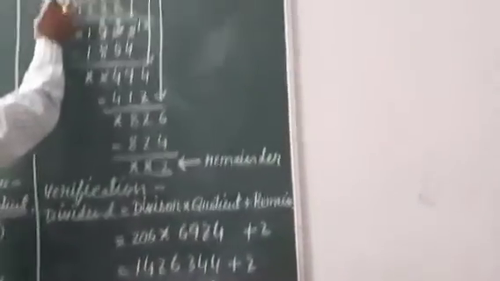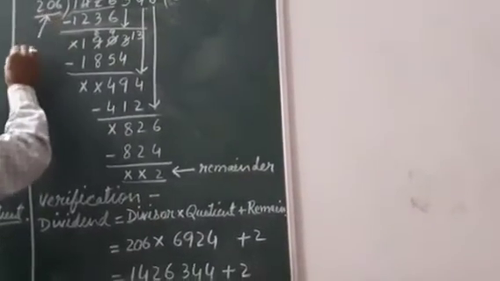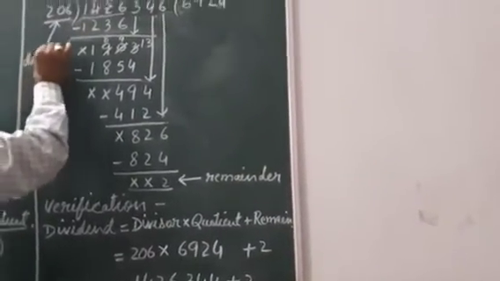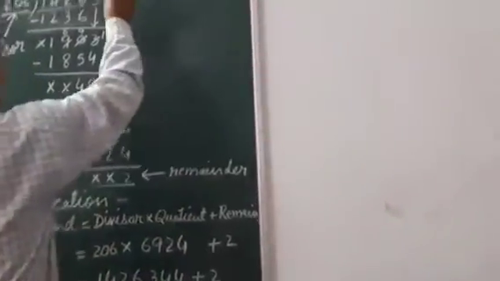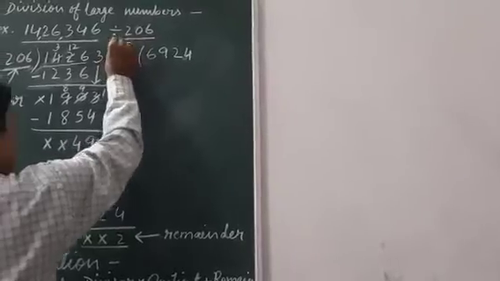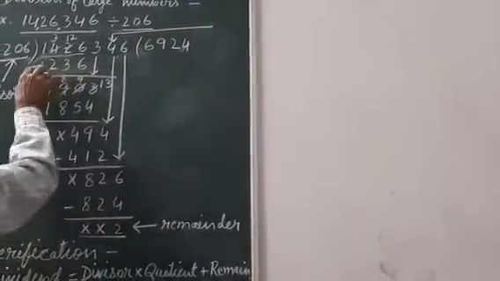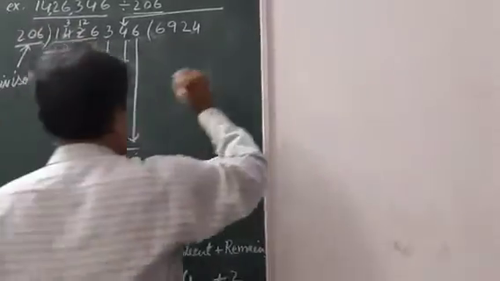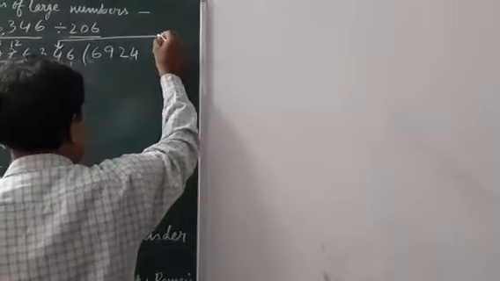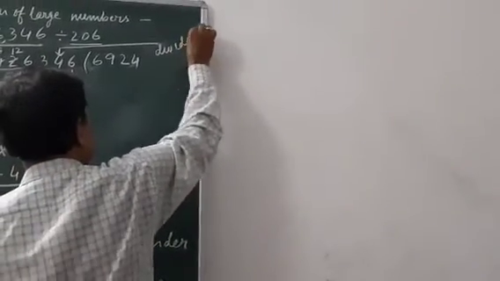The number by which we divide is called the divisor. This number is the divisor. The number that we have divided is called the dividend. Here, the dividend is 14,26,346. This number is the dividend.